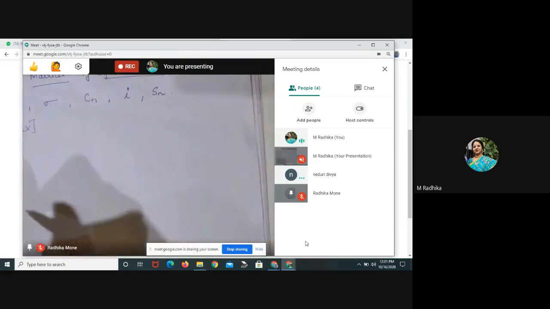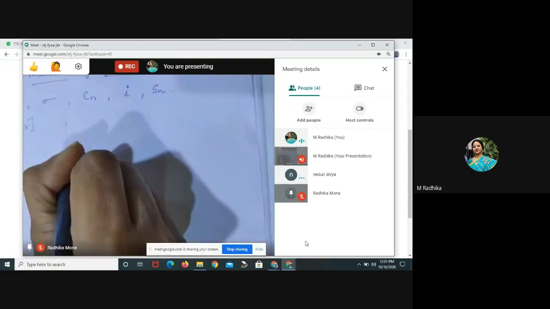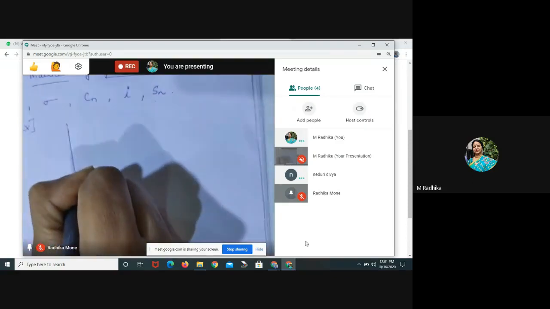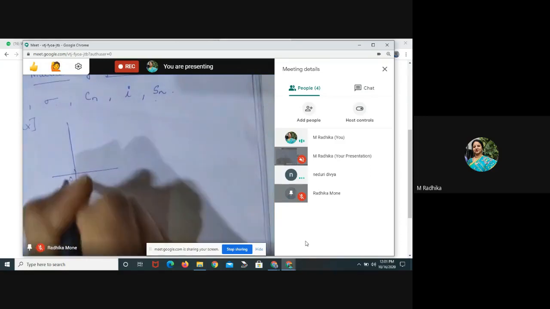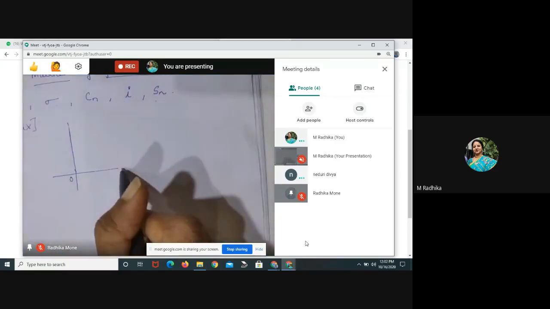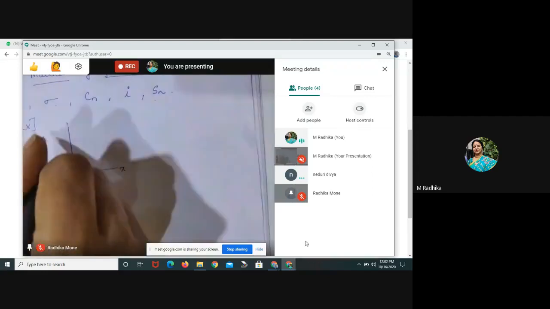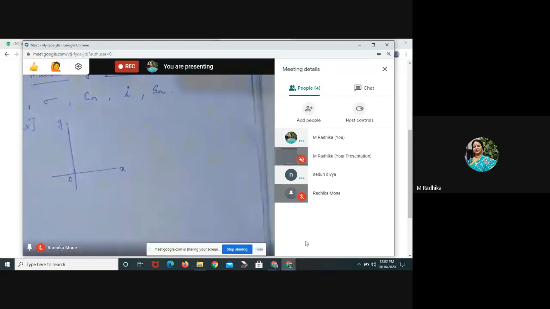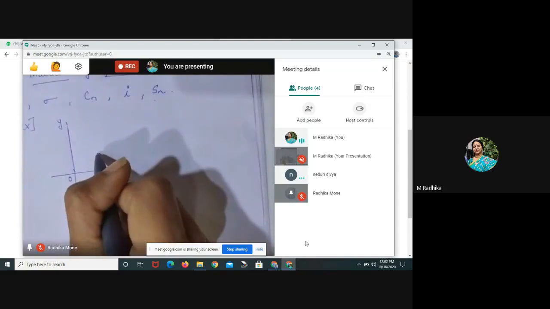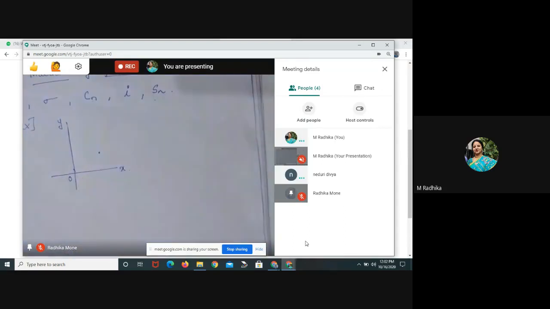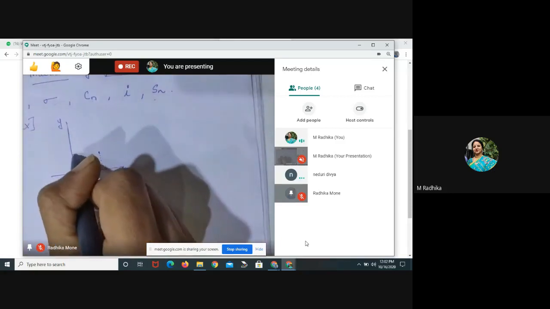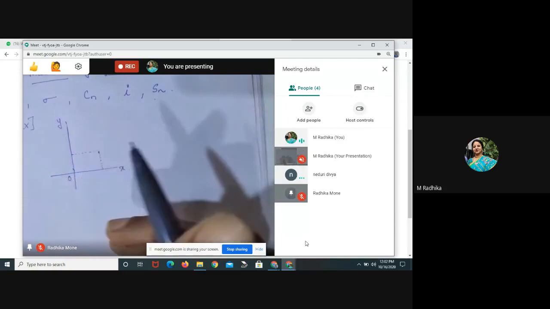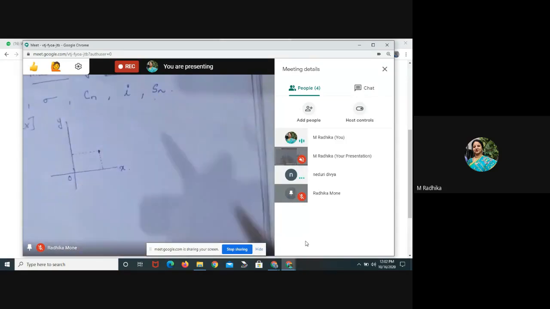So I will just draw a graph here. If I put 0, this is the x-axis, this is the y-axis. Now if I take a point here and extrapolate these points onto the x-axis and y-axis, how can I describe this point?